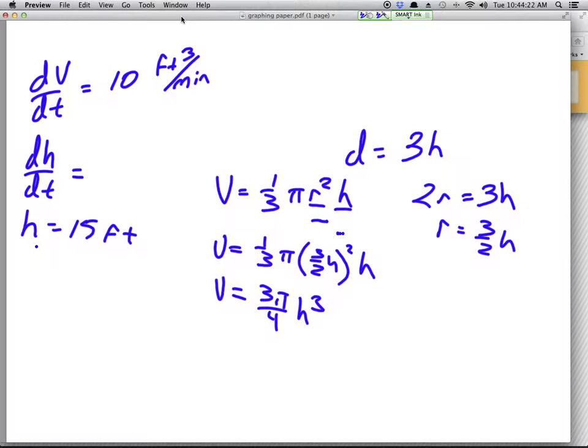Now that I've gotten to this point, what do I want to do next? Find the derivative. So derivative of V is dV/dt. Derivative of h cubed, that's going to be 9 pi over 4 h squared dh over dt.